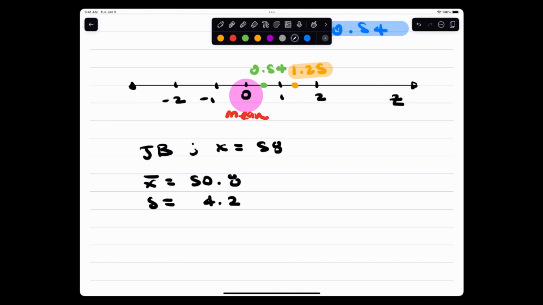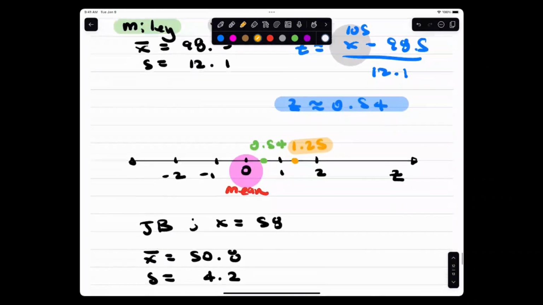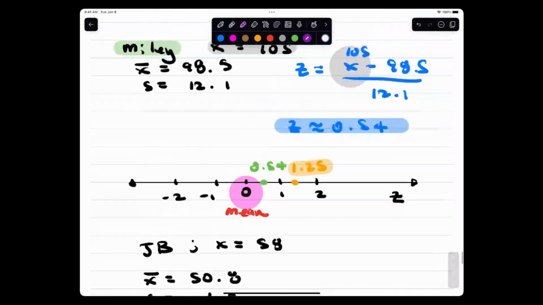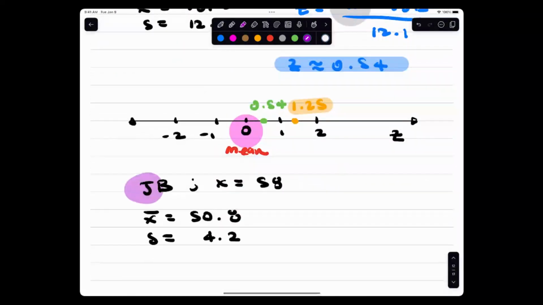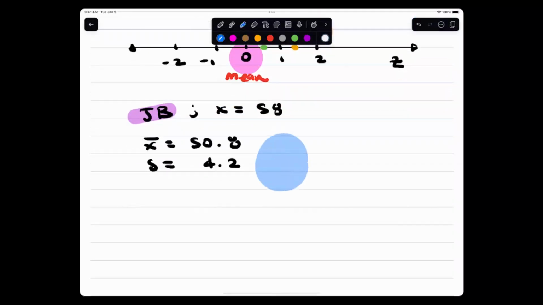Now, what color should we give JB? Green, well, we already have green. We have orange. Maybe purple. JB is purple. All right, how do we use that formula to see who scored relatively better?